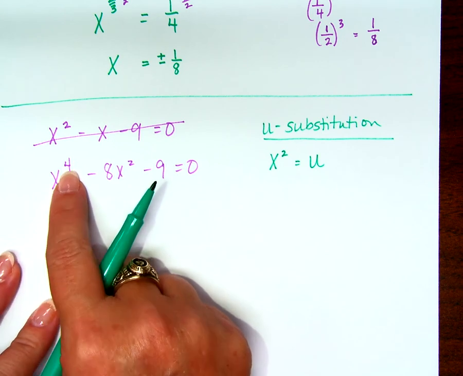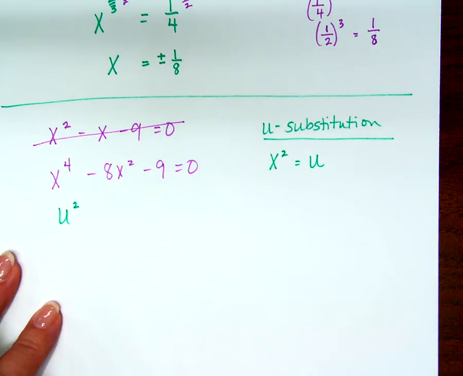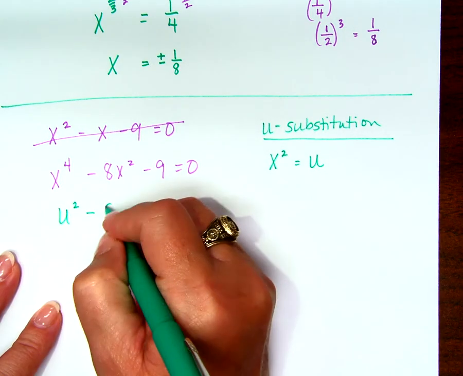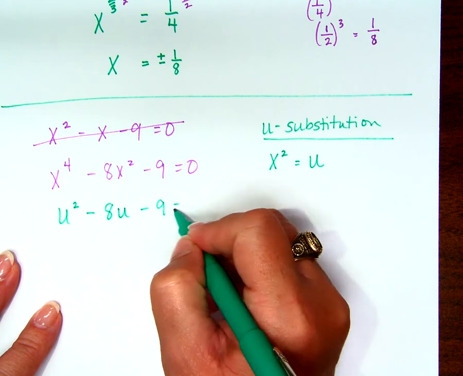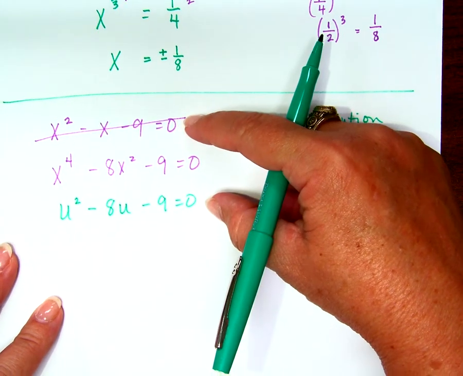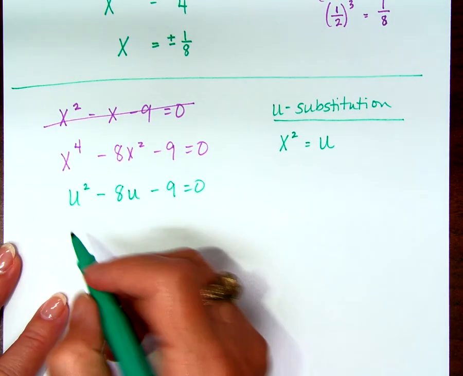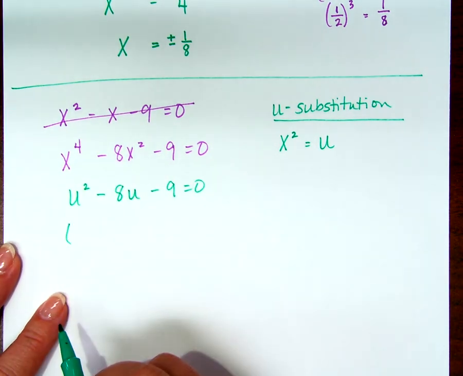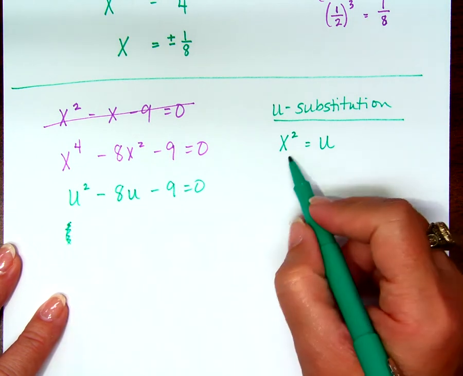If x squared equals u, this now is u squared. That's exactly right. Okay? Minus 8 times u minus 9. Well, guys, how are these two different? They're not. You know how to solve this one, don't you? Well, solve it then. What do you get? I'm going to write it over here.